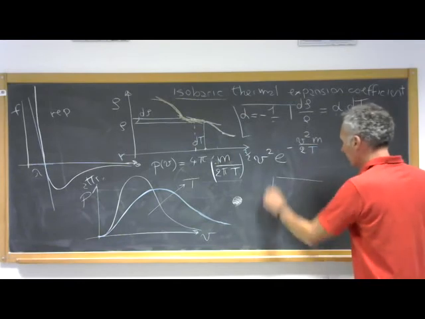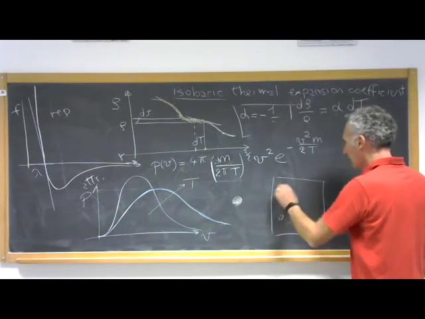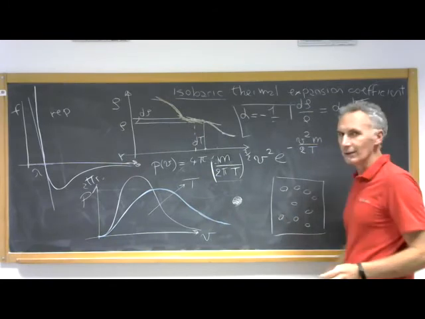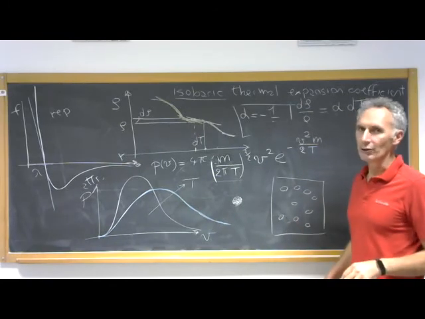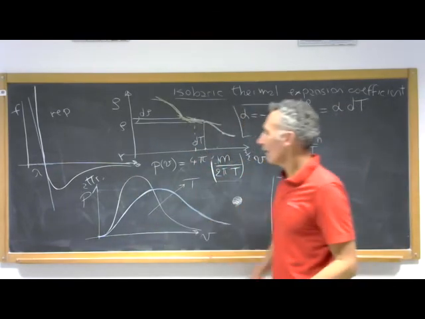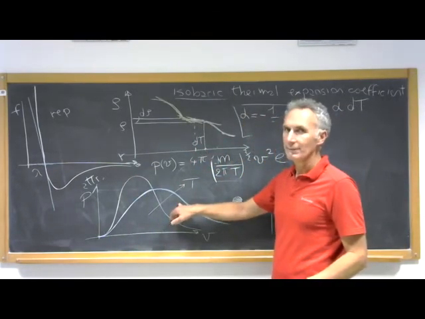So if I have a box like this, full of gas molecules with some velocity, and then I increase temperature, what happens? I'm moving from this curve to this curve.